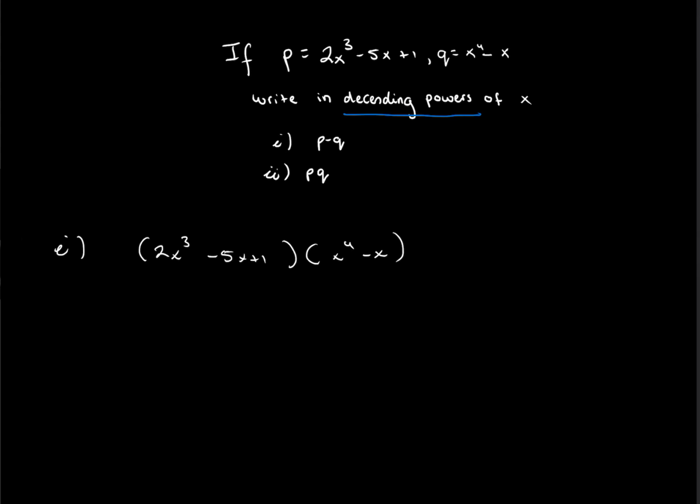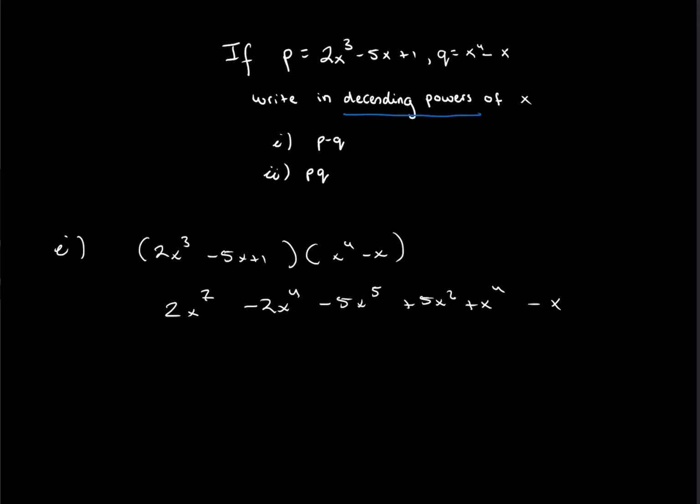So we can multiply and organize it. I'll write the answer. It would be 2x to the power 7 minus 2x to the power 4 minus 5x to the power 5 plus 5x squared plus x to the power 4 minus x. So this is our simplified version after we've calculated everything.